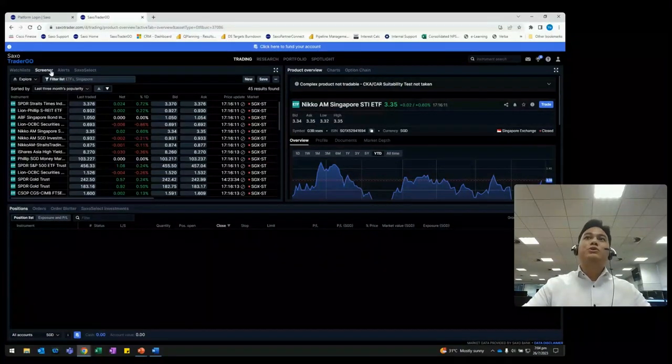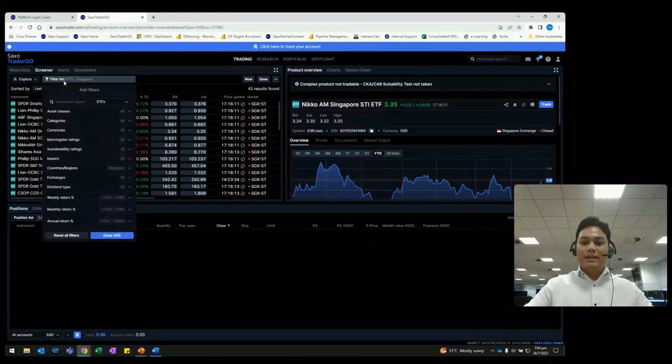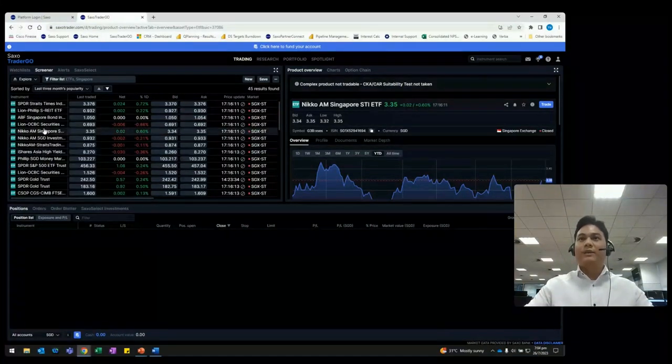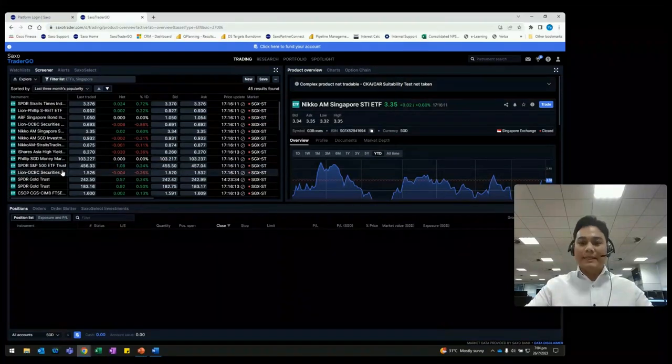Alternatively, you can also choose to use our screener function, where you can just edit the filter list accordingly. You can set it as ETFs, you can set it according to the Singapore country, and you'll be able to find the different ETFs that we have according to your filter list. So that's it for today's short demonstration of our platform.